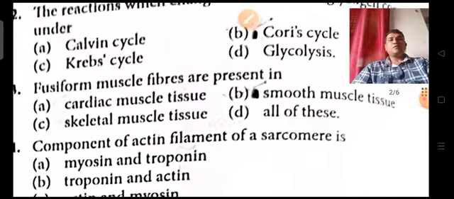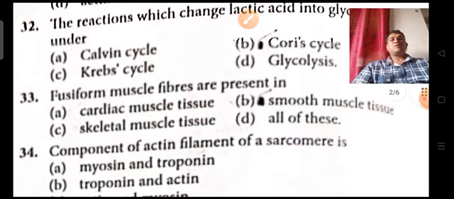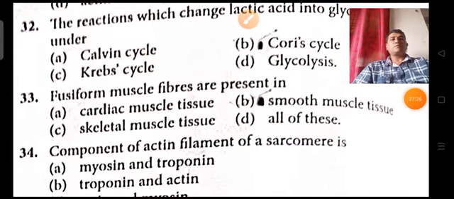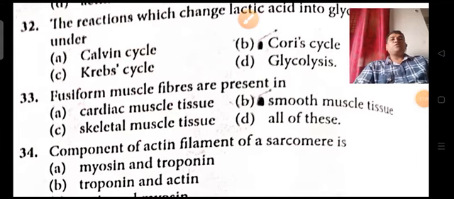Next, 33rd question. Fusiform muscle fibers are present in which tissue: cardiac muscle tissue, smooth muscle tissue, or skeletal muscle tissue?